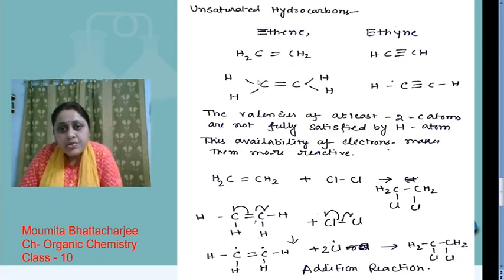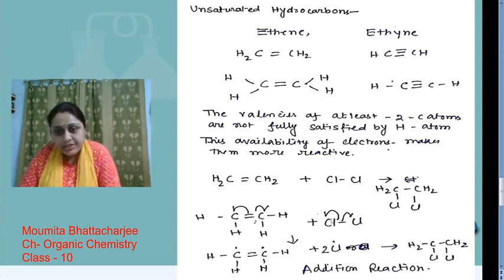Here you can see the structure of ethene, C double bond C, and the structure of ethyne, C triple bond C. You can see one thing, the valencies of the two carbon atoms are not fully satisfied by hydrogen atoms. This availability of electrons makes them more reactive. They can undergo addition reaction, not substitution reaction.